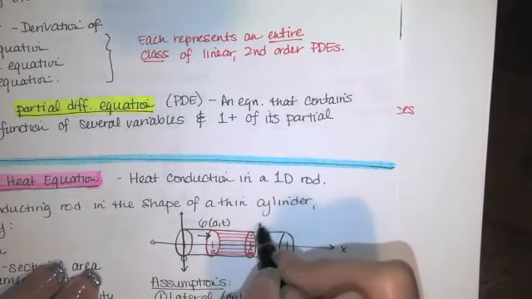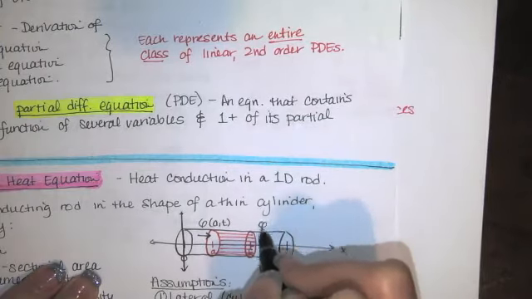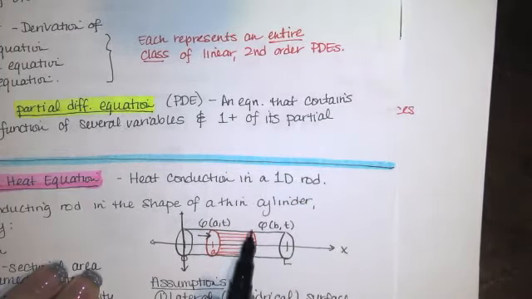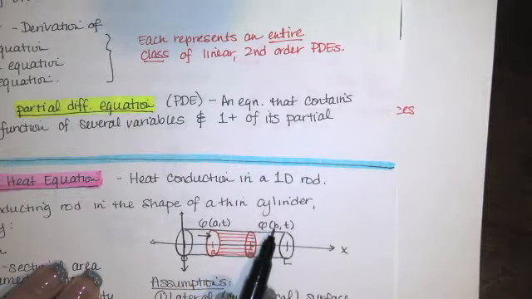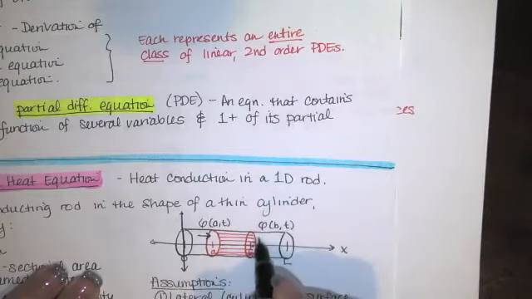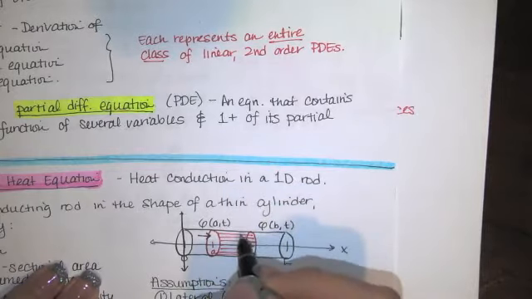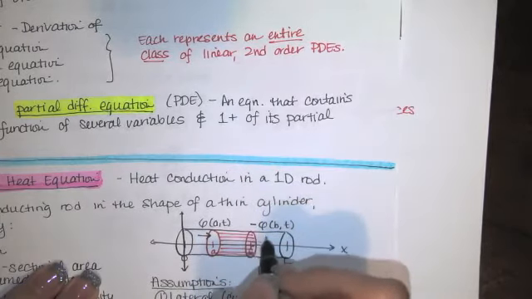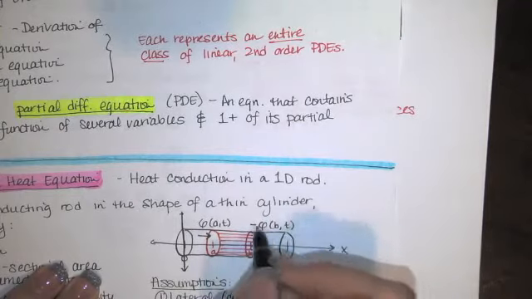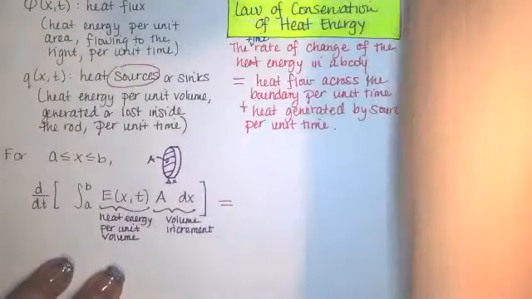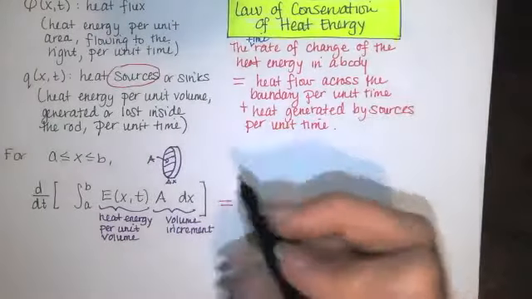Then on this side, at x equals b, we would have this function of t representing the heat flux going to the right. But we're actually interested in the part that's going inside. So we're going to multiply that by -1, and if we multiply by -1, it's actually going to go to the left. So that will give us heat flow across the boundary.